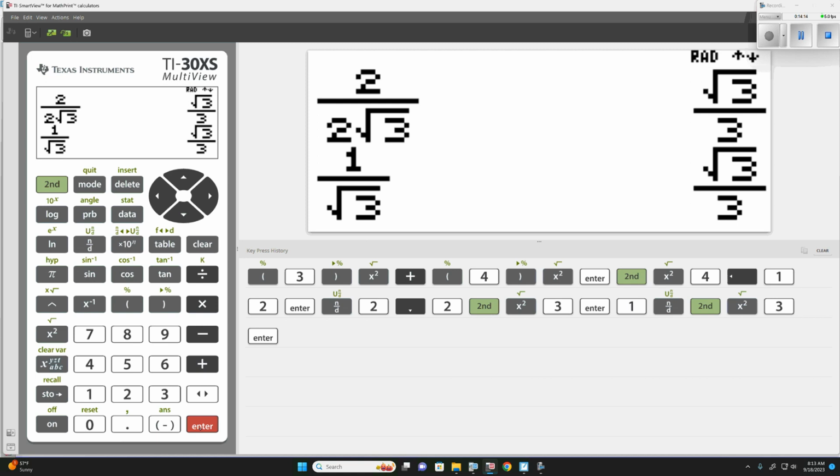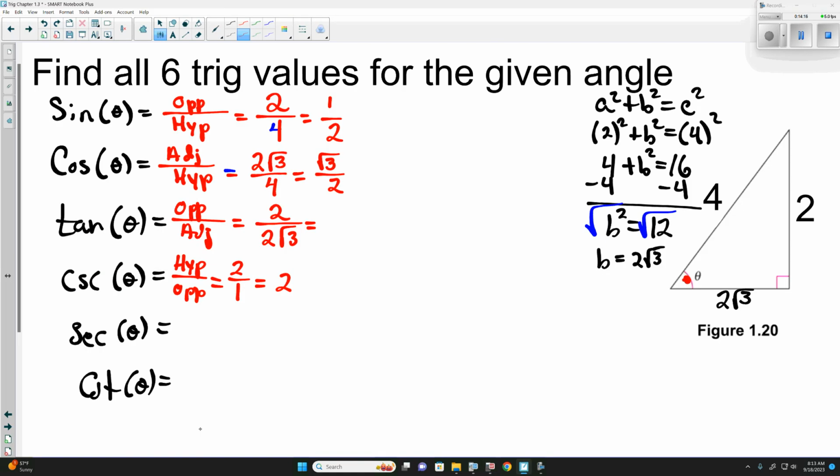The numerator reduces to 1, because anytime we're dividing like terms or have a common term on top and bottom, it doesn't reduce to 0, it reduces to 1. And when we simplify it, we get the square root of 3 over 3. Now, for just a little case in point, I will reduce that for us so that we can see this. And there's a reason for it here in a minute.